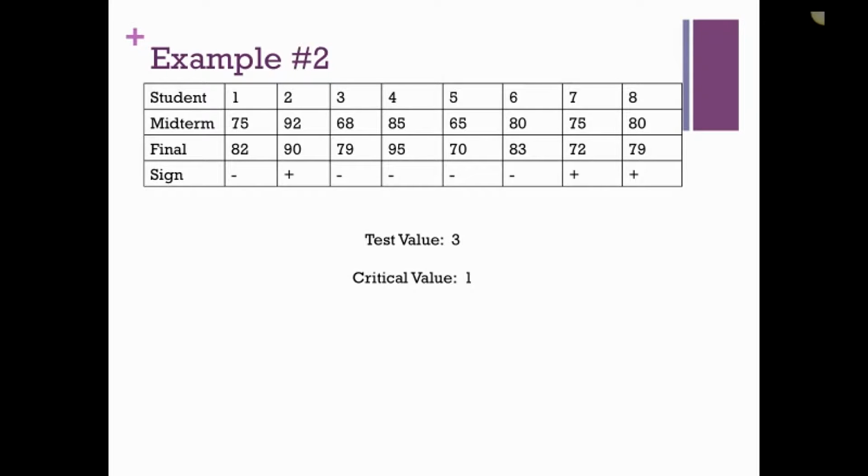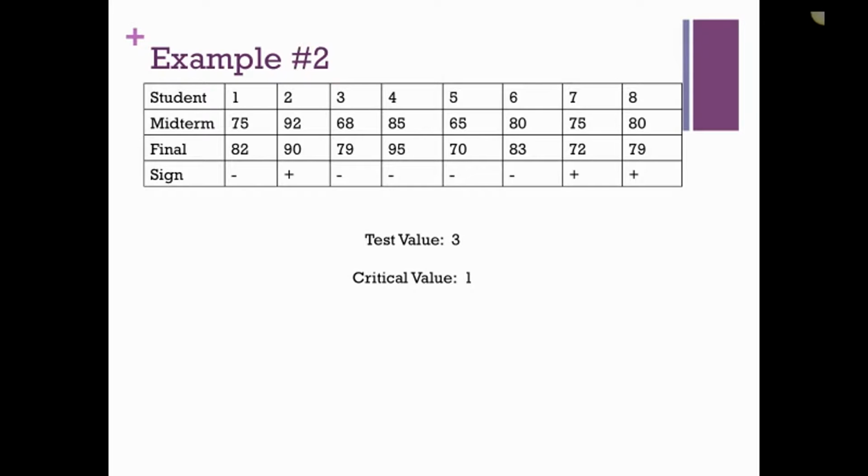We do that for each pair of data in our table, and you see the result of positives and negatives. When we compare, you see that we've got 5 negative pairs of data and we have 3 positive pairs of data. So our test value for this sample is going to be 3.